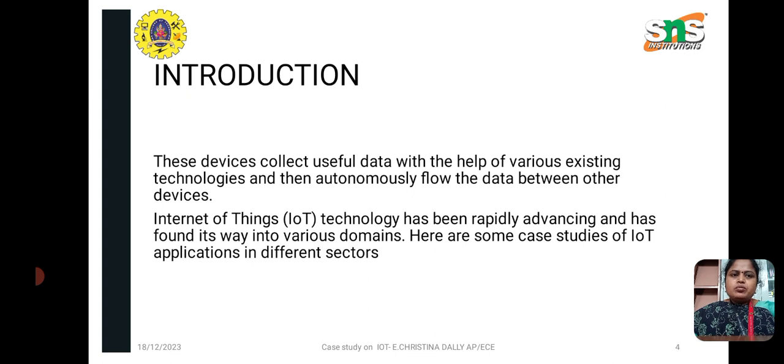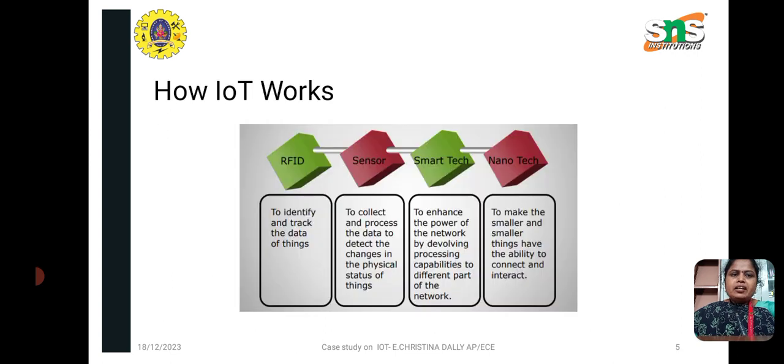For example, how IoT works: we have to identify and track the data of things, what things are present, and with the help of RFID we track the data and identify them. The next one is the sensor. What is the purpose of the sensor?